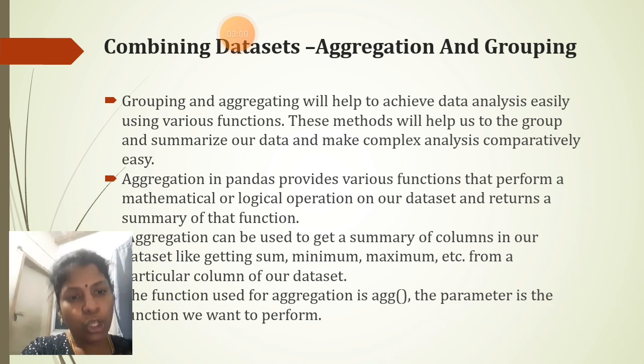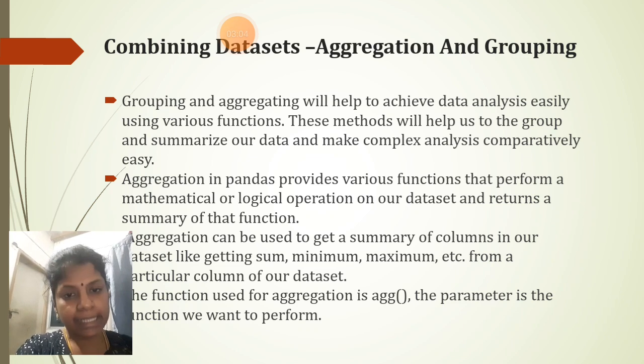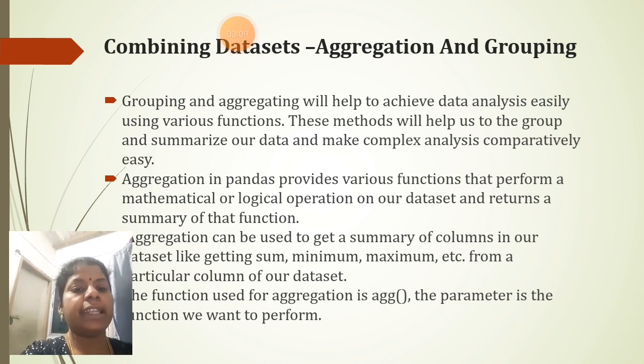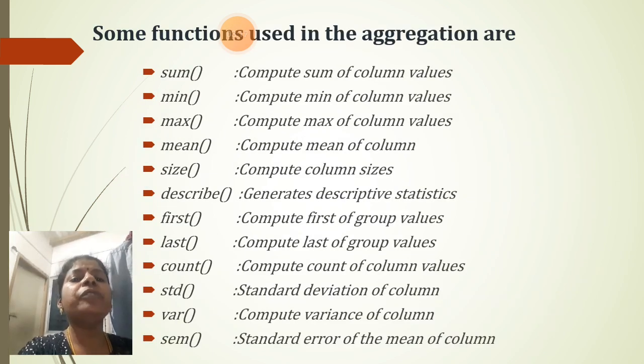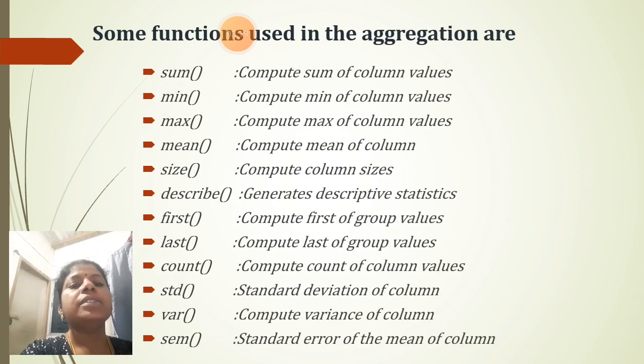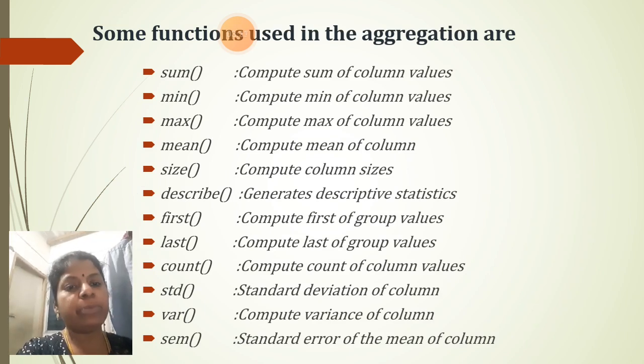Aggregation can be used to get a summary of columns in our dataset, like getting the sum, minimum, maximum, etc. for a particular column. The function used for aggregation is agg, and the parameter is the function we want to perform. Some functions used in aggregations are sum, min, max, mean, size, describe, etc.